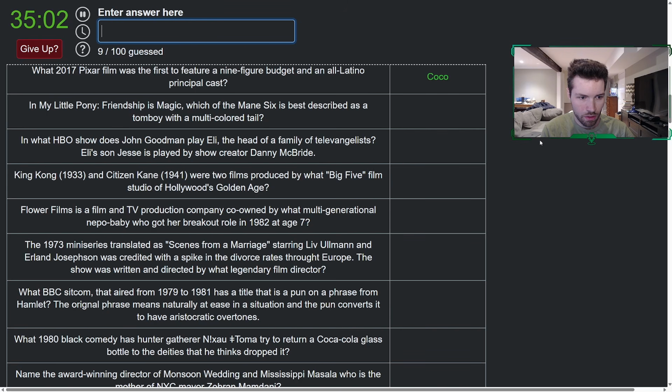Multi-generational. So who's somebody who's like famous for being the daughter of someone? Oh God. I honestly, I just don't know. Is it ever Drew Barrymore? Nice, let's go. Because I knew that she was in E.T. and she was very young in that movie.